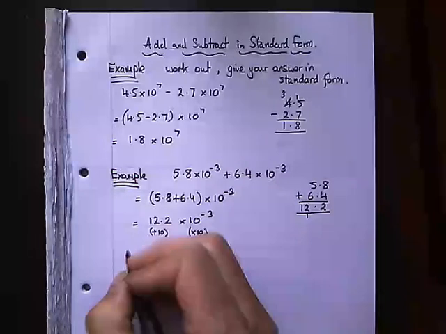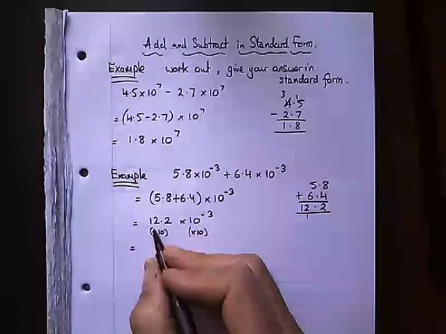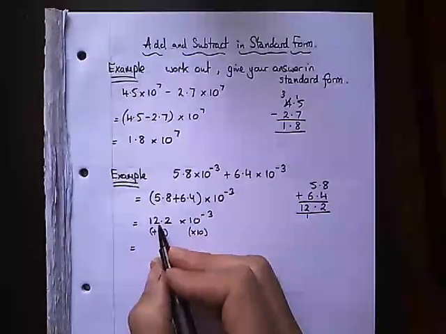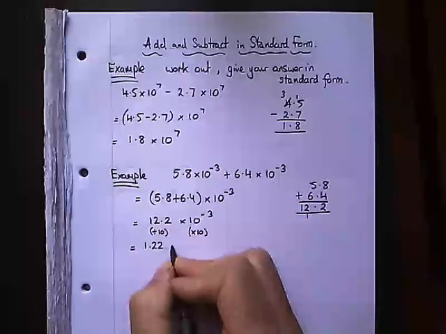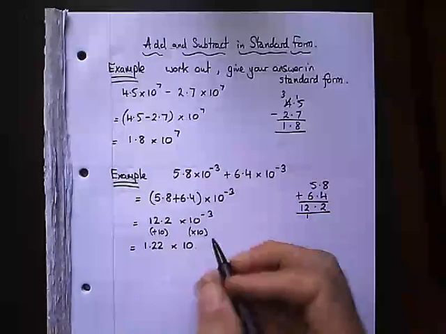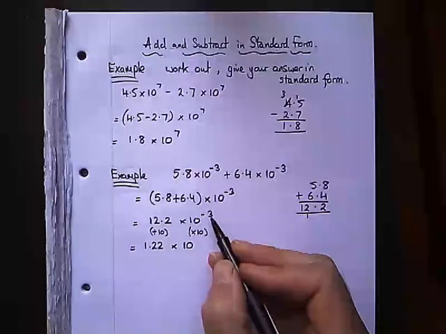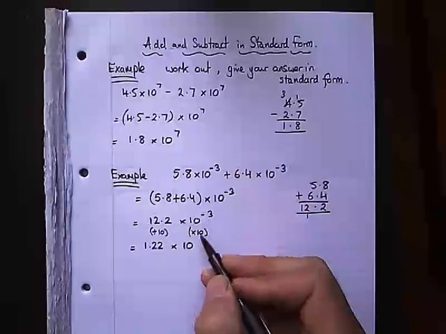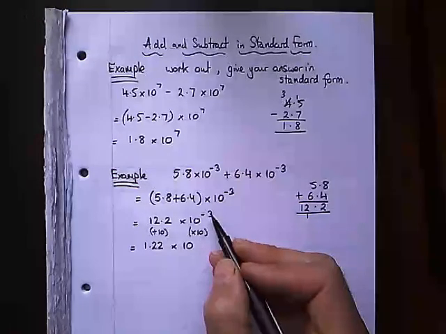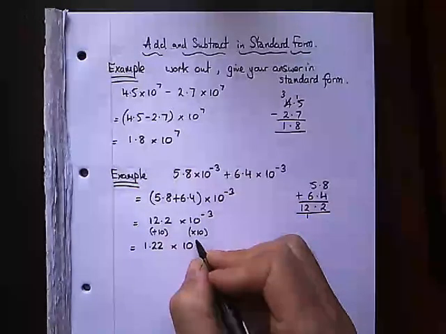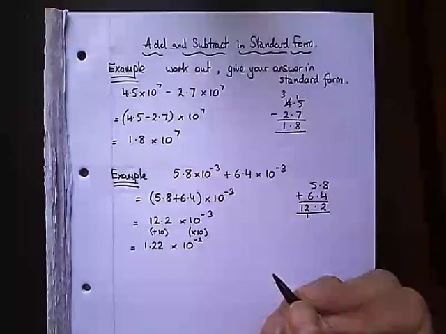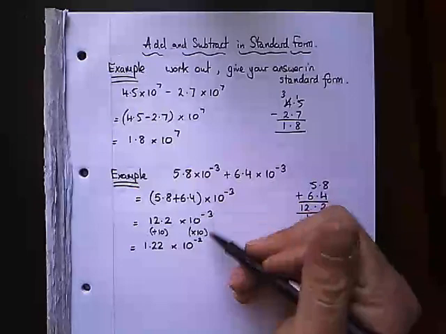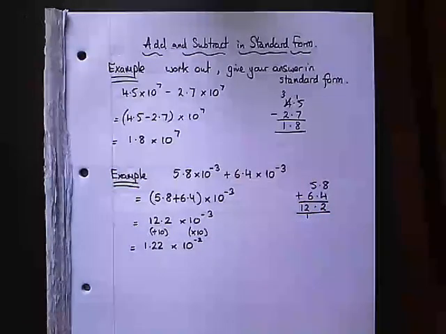So the answer is 12.2 divided by 10, that's moved the decimal point one place, 1.22, times 10. At the moment, that's a really small number, so I'm going to increase this by 1. So increase minus 3 by 1, and I get to minus 2, because it needs to go up by 1.